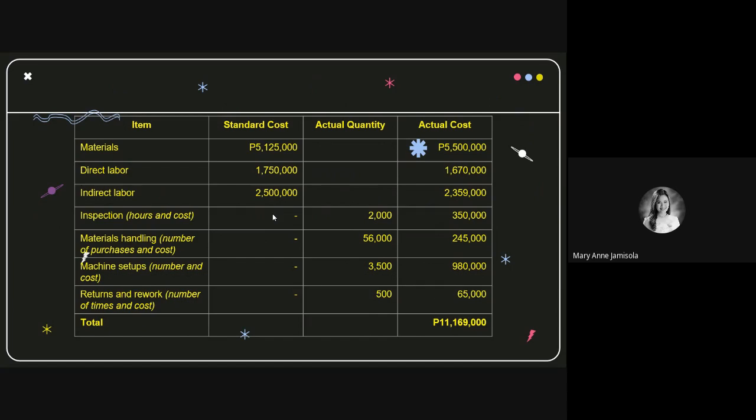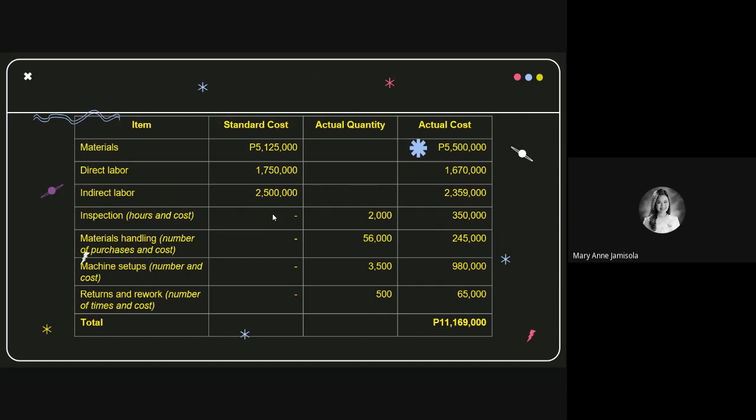So the next question is, can the target cost be achieved? And if yes, how can we achieve this target cost? Okay. So the target cost can probably be achieved by efforts in two areas.